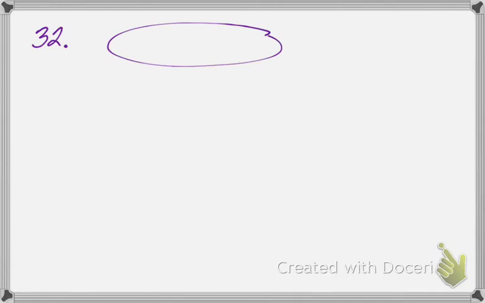How are you going to know the operation? There should be a key word, right? If it's division on number 32, you need to make it a fraction. Make it a fraction and it'll be easier to solve. So that's your hint on number 32.